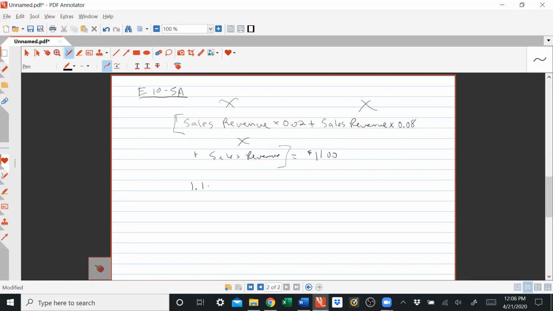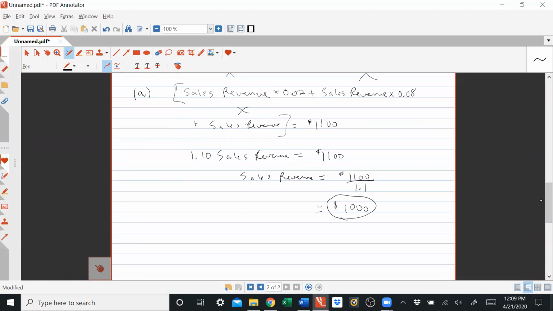So that is 1.10 sales revenue equals 1100. Therefore, sales revenue equals 1100 divided by 1.1, or $1,000. So this is part A. There's the answer. How much revenue? 1,000.